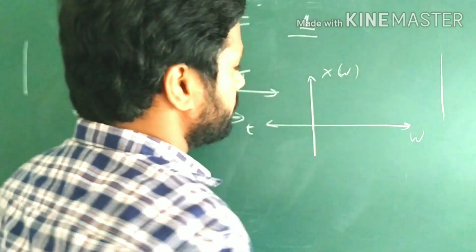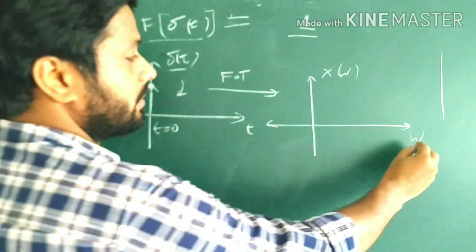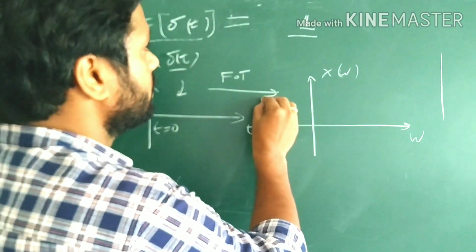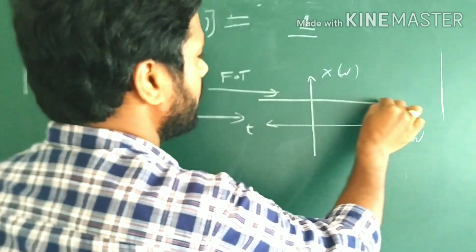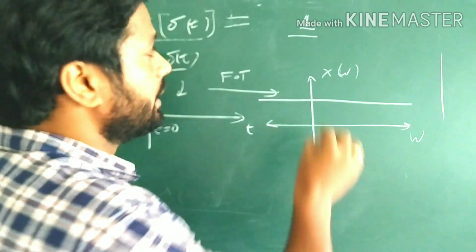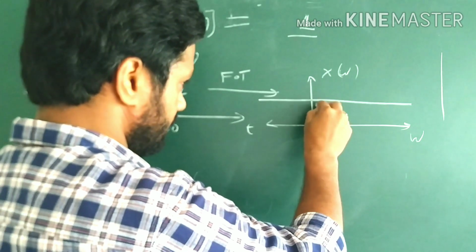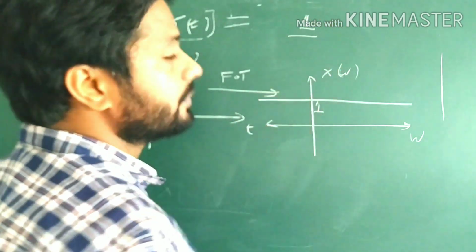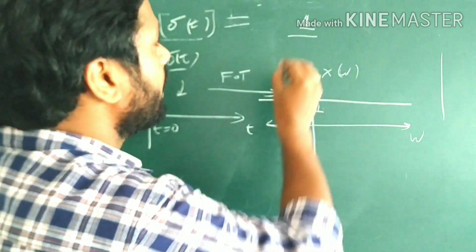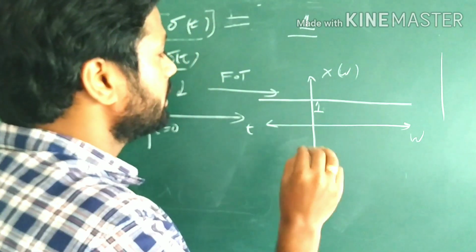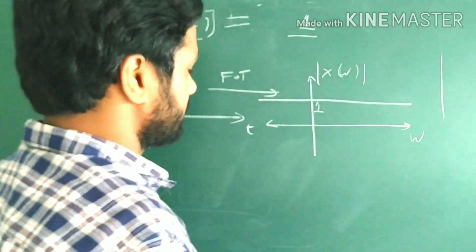We know that Fourier transform depends upon frequency. So here we can see that at all frequencies its value is 1. Its amplitude is 1 and no angle term is present. Here only amplitude is present.